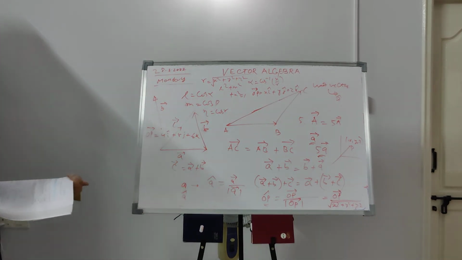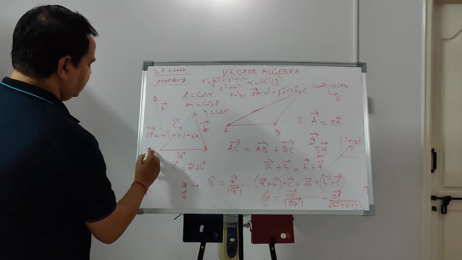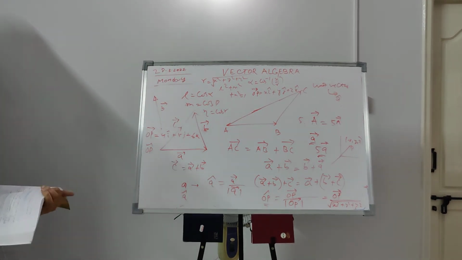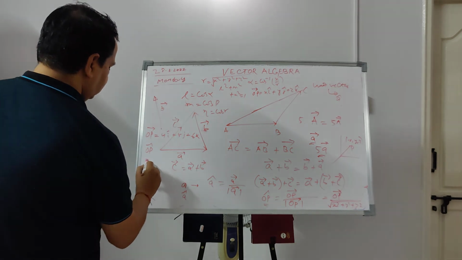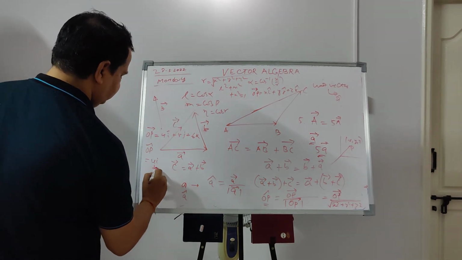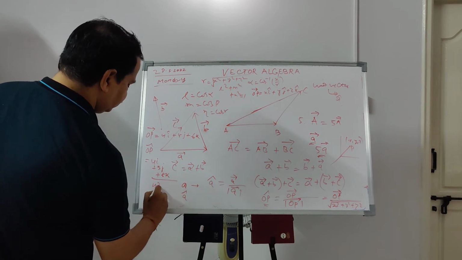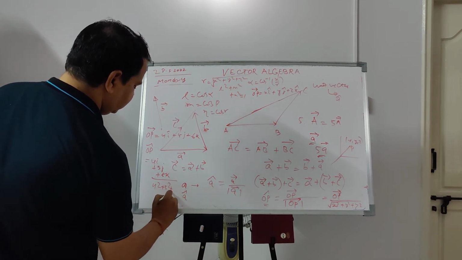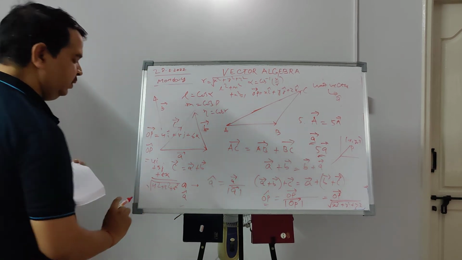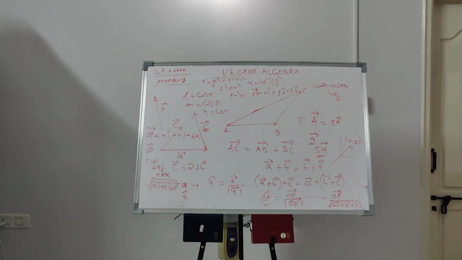Then if somebody asks what your unit vector is, it will be (4i plus 5j plus 6k) divided by the square root of 4 square plus 5 square plus 6 square. So this is the unit vector. A unit vector is a vector, and its formula is the vector divided by the magnitude of the vector. If you divide a vector by its magnitude, it becomes a unit vector. Okay.